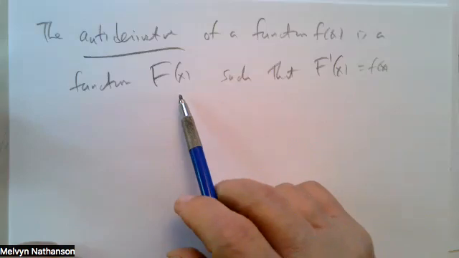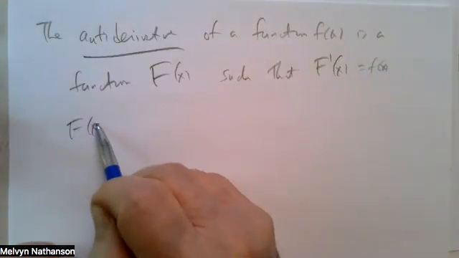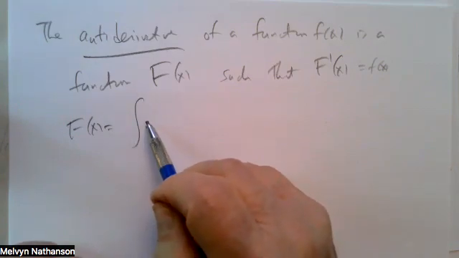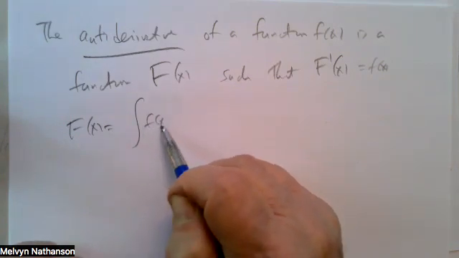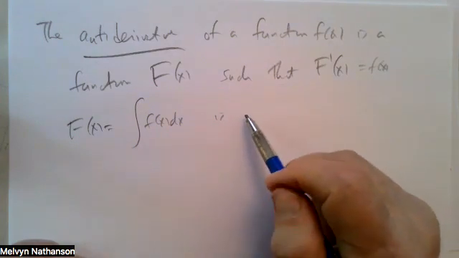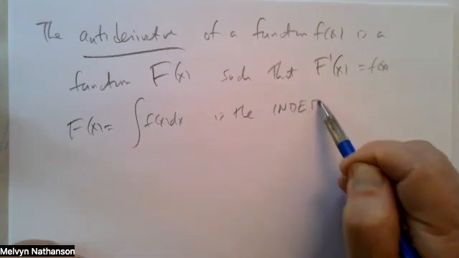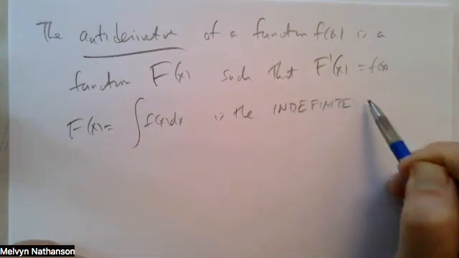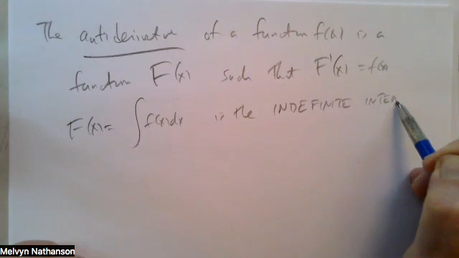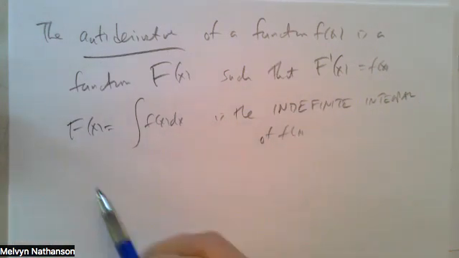It's a function whose derivative is the function we started with. And it is denoted like this, curly integral sign, f of x dx, and is also called the indefinite integral of f of x.